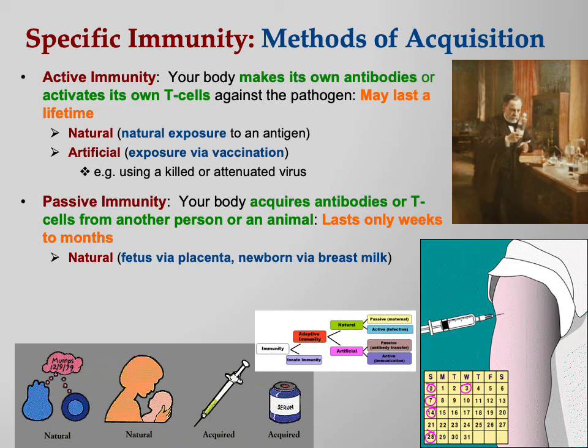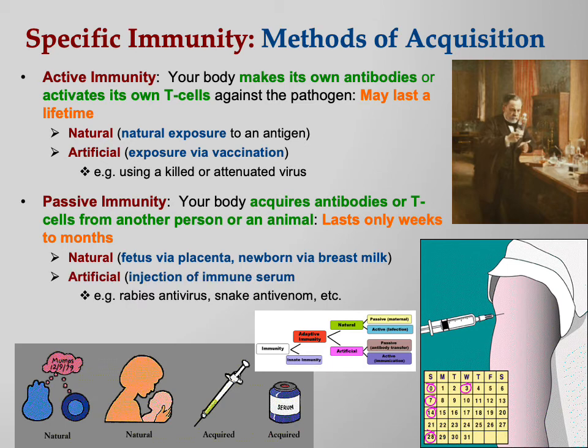Which antibodies were those? IgAs, all right? So mom, two times during your existence, mom gave you her own antibodies. So those were designed to help protect you, but they don't last your whole lifetime. They're only short-lived. They're eventually going to be cleared out of your body. All right, so that's natural passive immunity.